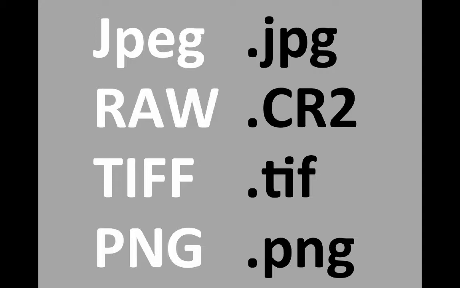So JPEG is designated with .jpg. With RAW, the 3 letters or numerical values and letters can change, and I'll explain what I mean by that later. And TIFF and PNG are just abbreviations of those terms.